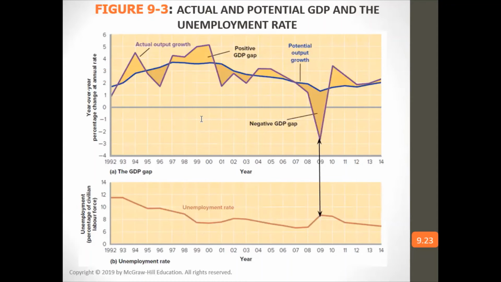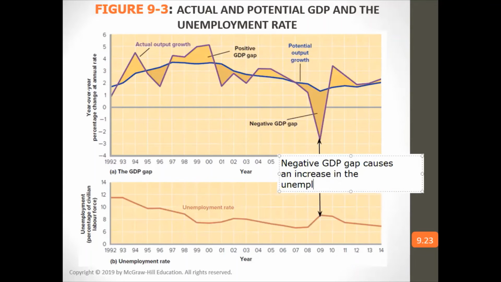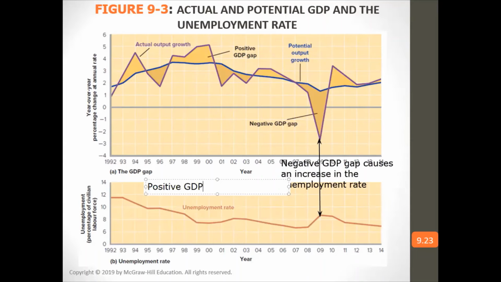So a negative GDP gap causes an increase in unemployment, and a positive GDP gap causes a reduction in the unemployment rate. Yeah, so that's the relationship. A negative GDP gap causes an increase in unemployment rate, a positive GDP gap causes a reduction in unemployment rate.